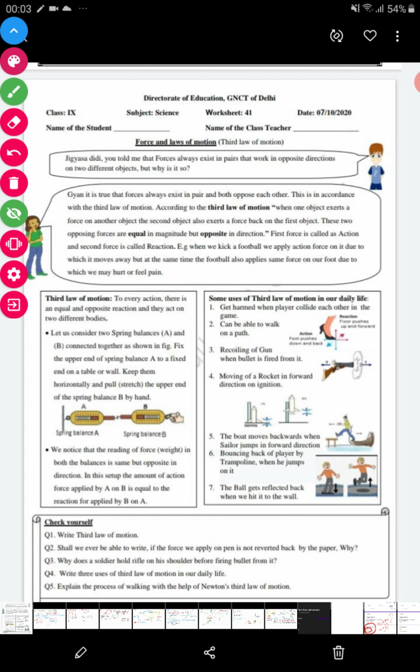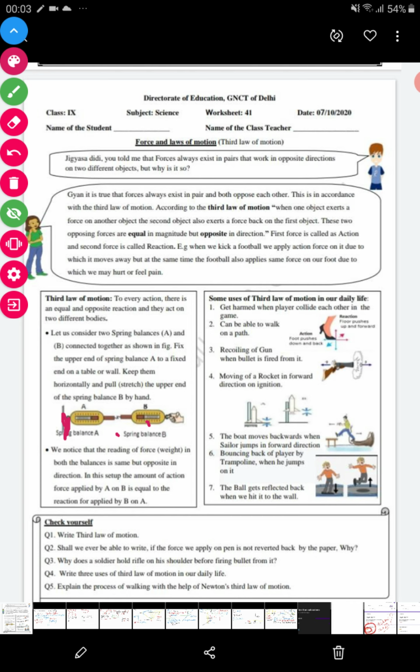Let us take the example of spring balances A and B. See, this spring A is connected to this fixed end, and spring B is also attached to spring A in a horizontal direction.